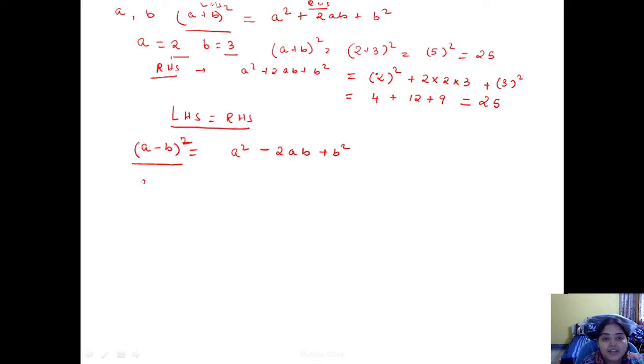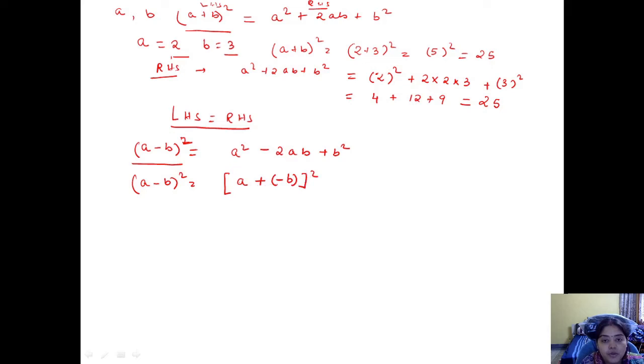Now we have here, suppose, A minus B whole square. Now what we can write here is, just follow me, A plus minus B whole square. Can I write this?